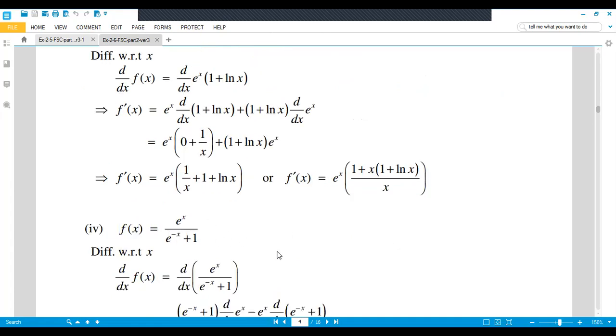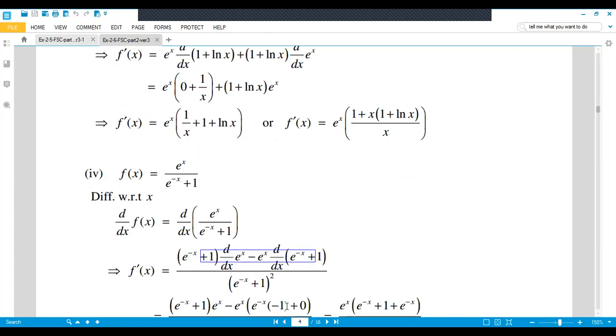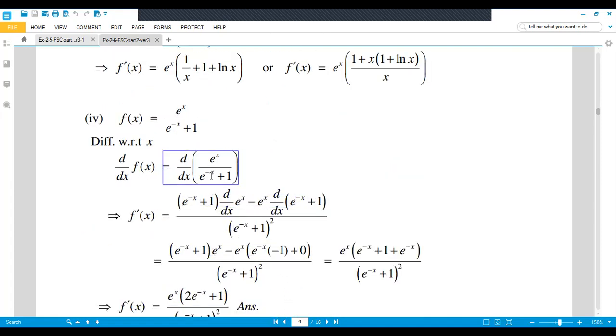In the fourth part, if you check, it is given in the form of a quotient. So you apply the quotient rule here. In the quotient rule, you know that the denominator square, and then the denominator times the derivative of the numerator minus the numerator times the derivative of the denominator. So what we will do? The denominator square, and then the denominator we write as it is, derivative of the numerator minus numerator, derivative of the denominator.